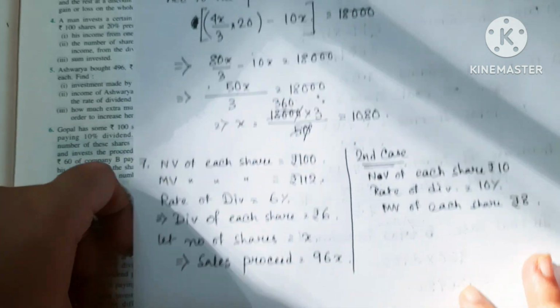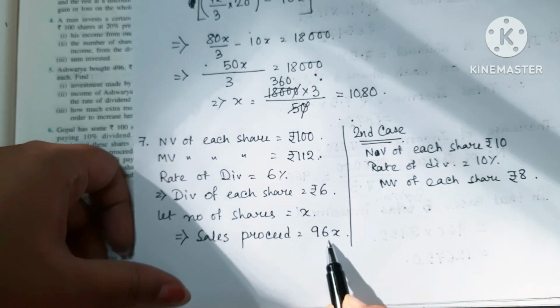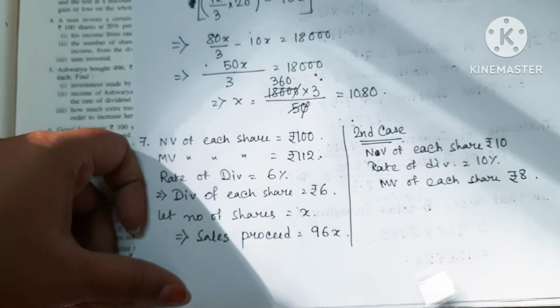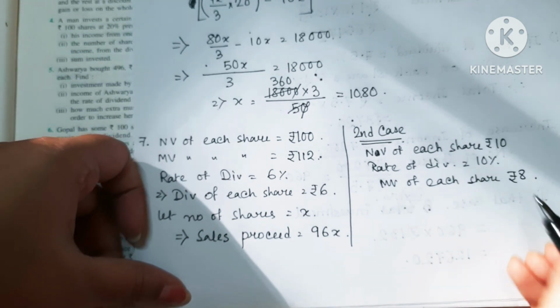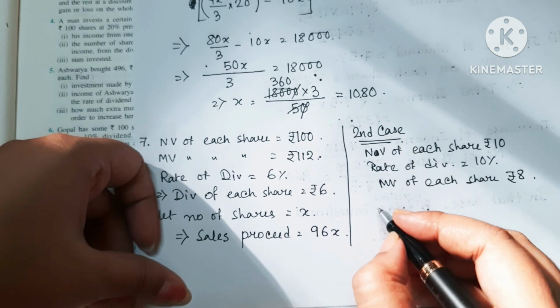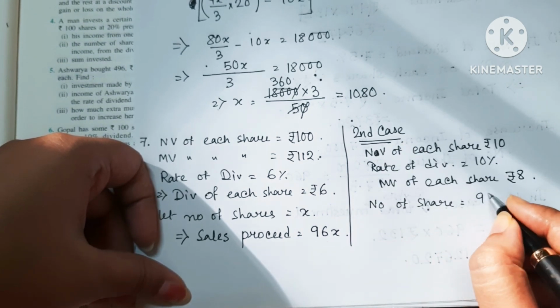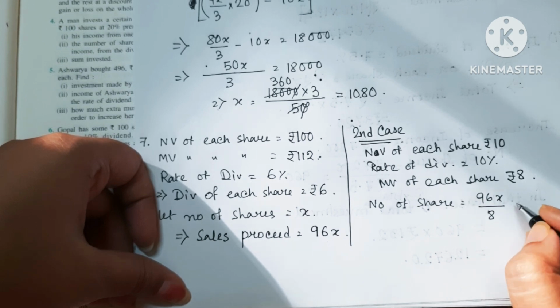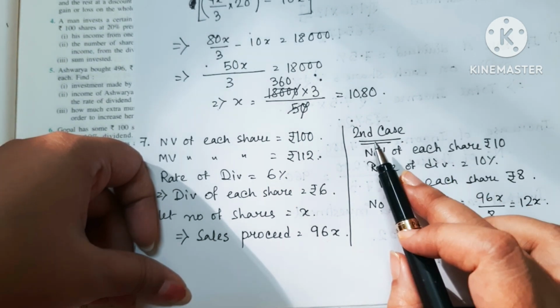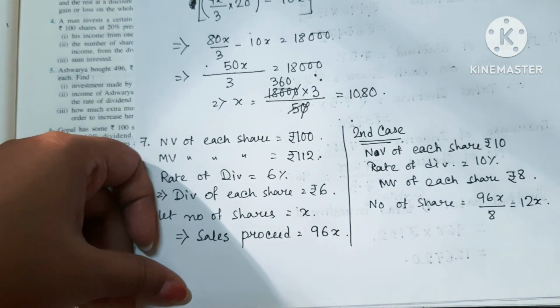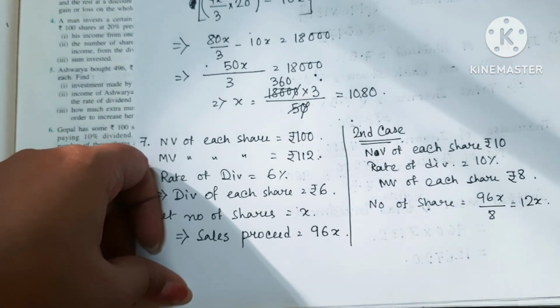Now see, total investment in case of second part, that is 96x, and market value of each share is this one. So in second case, number of shares 96x by 8, 12x. Okay, 12x, that is the number of shares in case of second part. Now you have to find total income in case of second case.